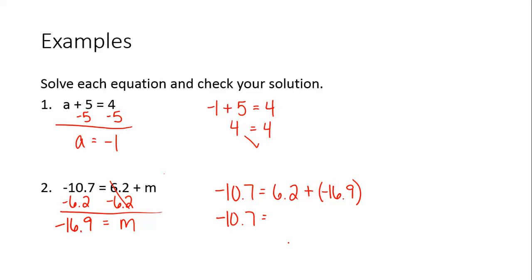Those numbers have opposite signs, so we actually want to subtract 16.9 minus 6.2. We get 10.7, but since the 16.9 is larger, it has a negative sign. Our answer also needs to be negative, so this is correct. We know that m equals -16.9 because when we plugged it back in, the left side equaled the right side.